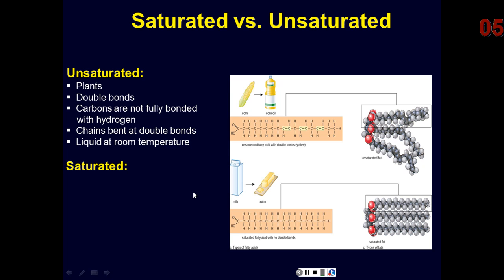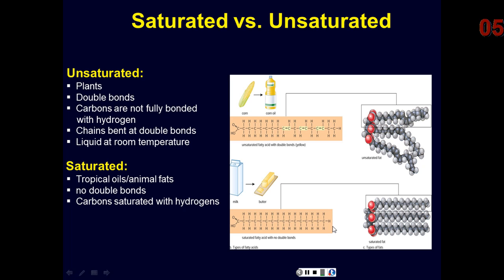A saturated fat, on the other hand, typically comes from tropical oils and animal fats. We're talking about things like butter and lard. Notice that this fatty acid chain right here would be a chain that would be found in a saturated fat. There are no double bonds between any of the carbon atoms, which means that these carbon atoms are saturated with all the hydrogens they could possibly hold.